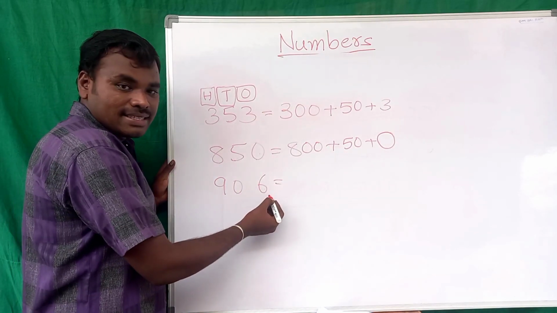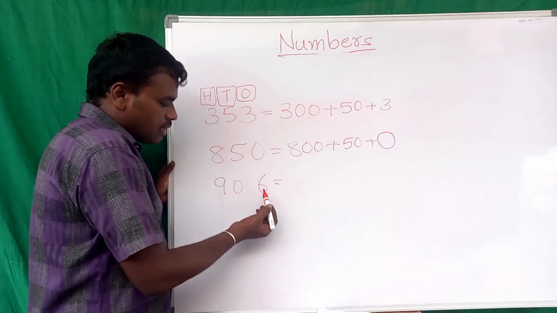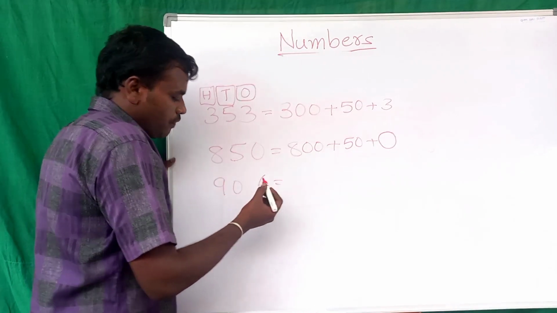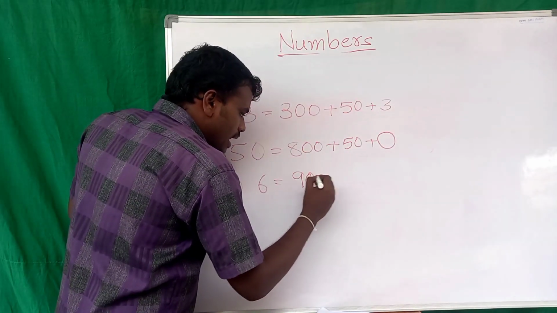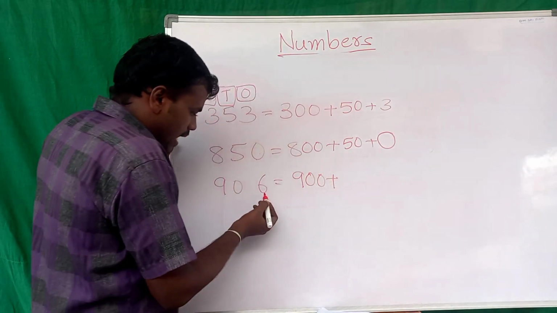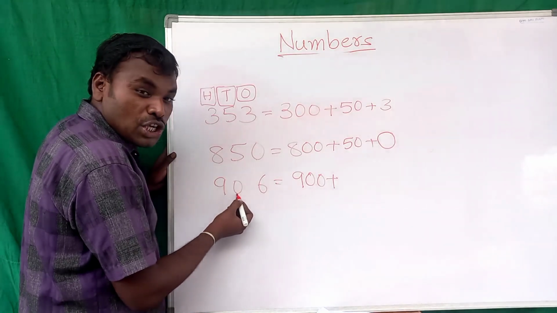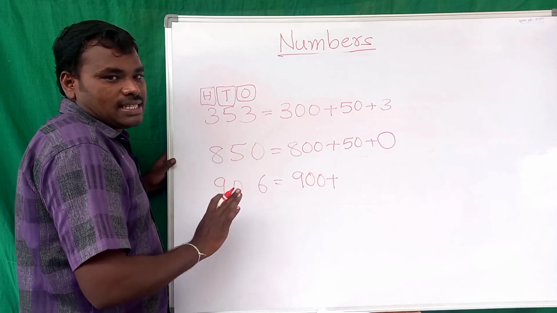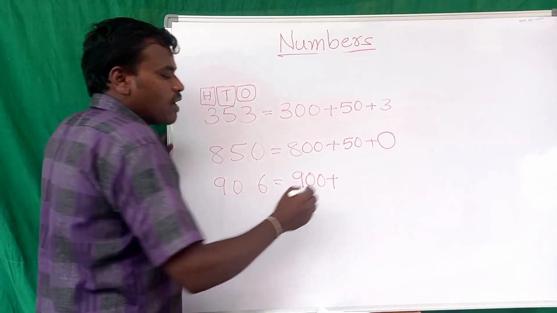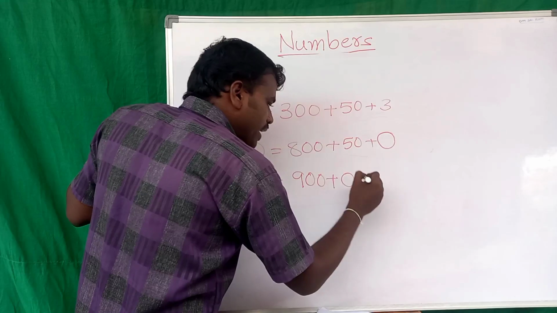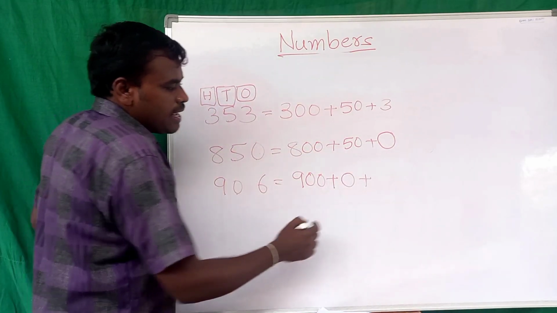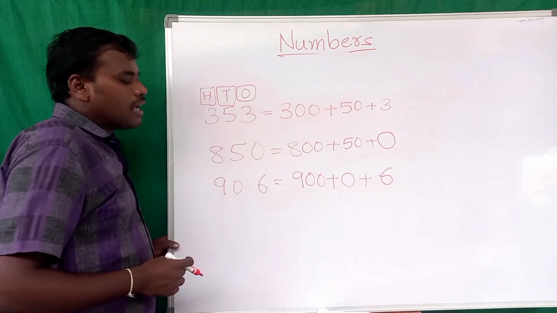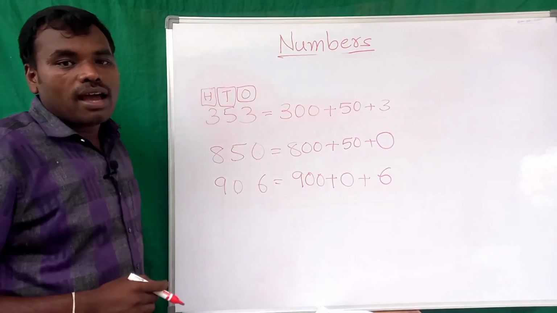And 906: read the place values ones, tens, hundreds. In the hundreds room we have 9, so write 900 plus. In the tens room we have 0, that means no tens, so write 0. And in the ones place 6, so write 6. This is about the expanded form.